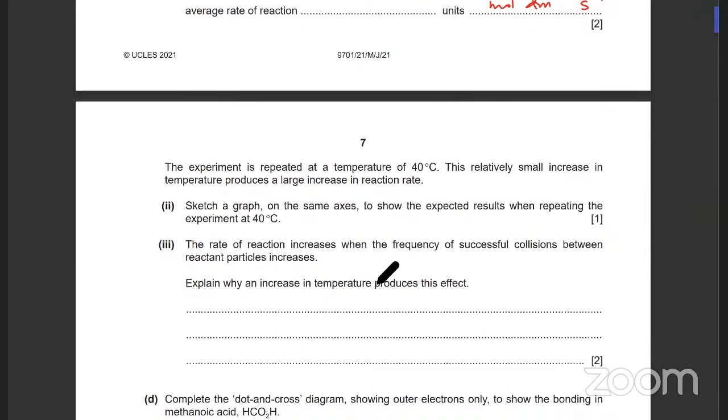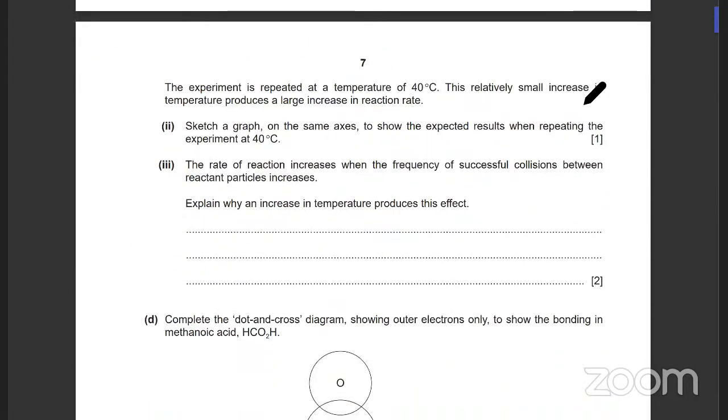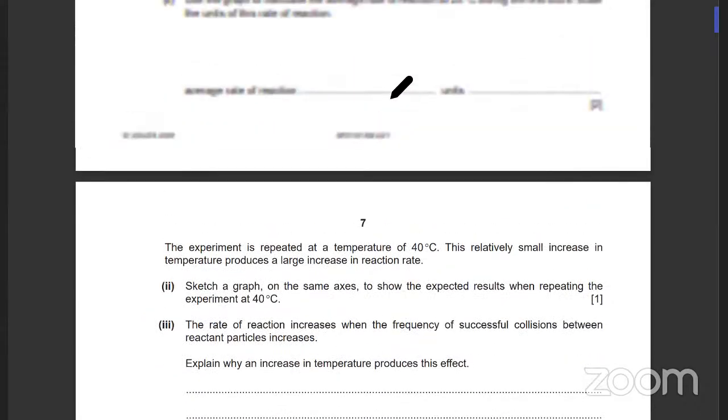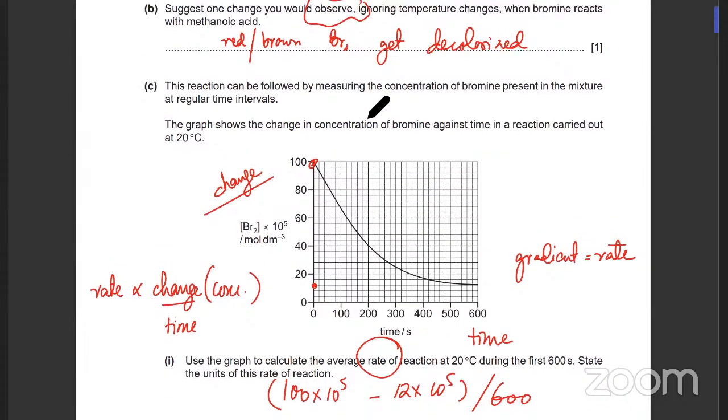Now the experiment is repeated at 40 centigrade, and this relatively small increase in temperature produces a large increase in the reaction rate. Sketch a graph on the axis to show the expected results when repeating the experiment at 40 centigrade. So it's repeated at a higher temperature. So the gradient of the graph is going to be a lot steeper. So it's going to look like this.